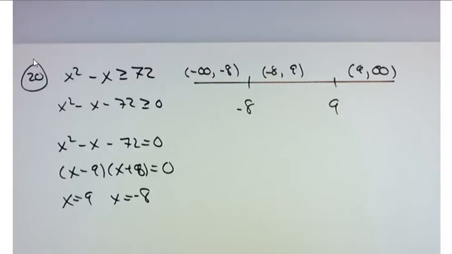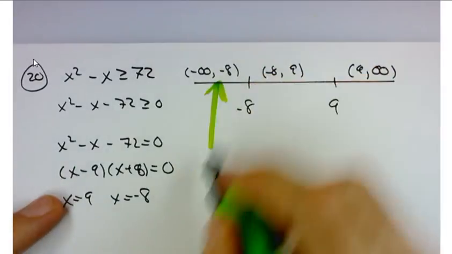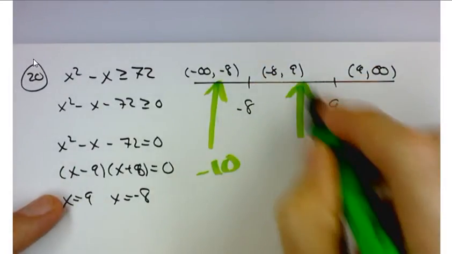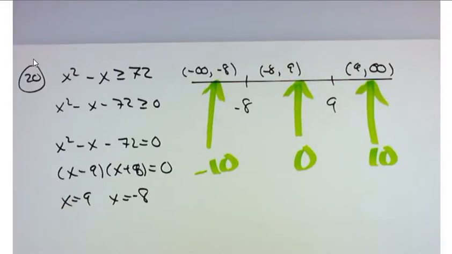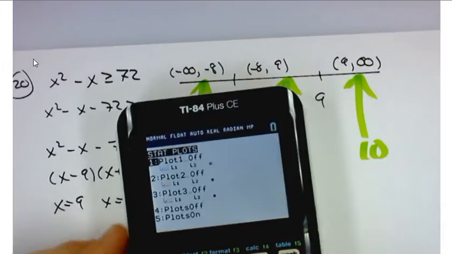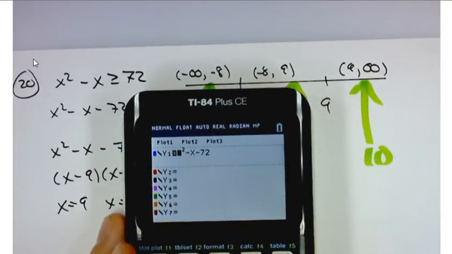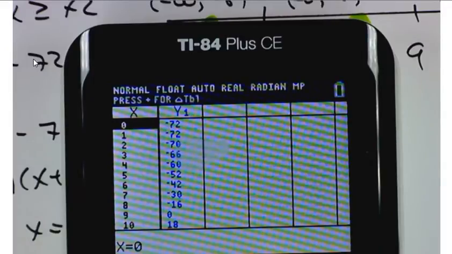Kennedy, what did you use for test points? All right, so negative 10, 0, and 10. Let me use those as well. So there's our equation. Let's go to the table.